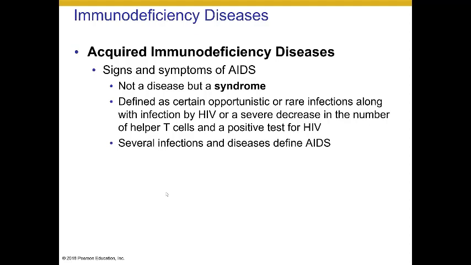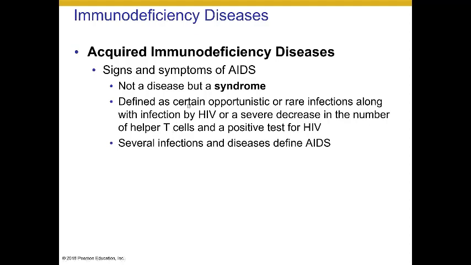So it's not just a disease, but it's a syndrome. What do we mean by that? Meaning it's something that does have a cause to it, but there are other characteristics that have to accompany infection with HIV. So what does it mean to have AIDS? It means that you need to have an HIV infection, so you have to have human immunodeficiency virus in you. You also have a low number of helper T cells, and I'll talk about why in a second.